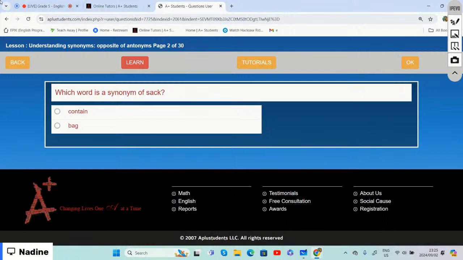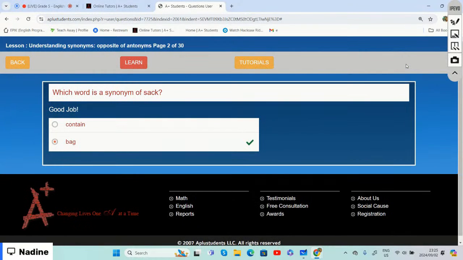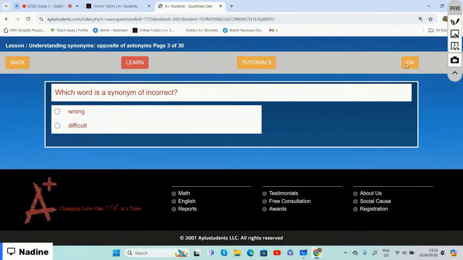All right, and if we were to find the correct answer, we would say option two. Option two is correct. Bag is the same as sack.